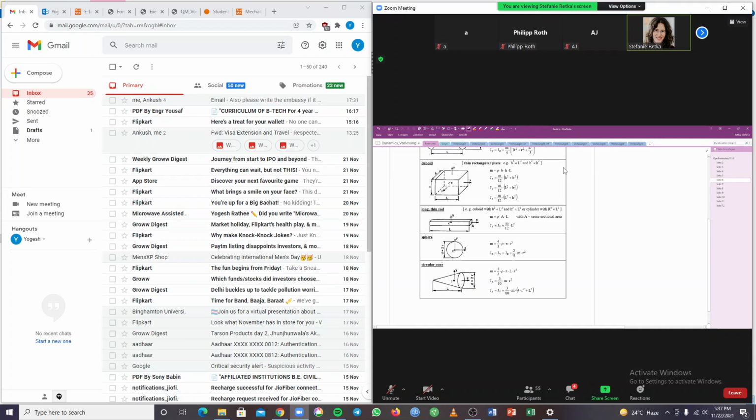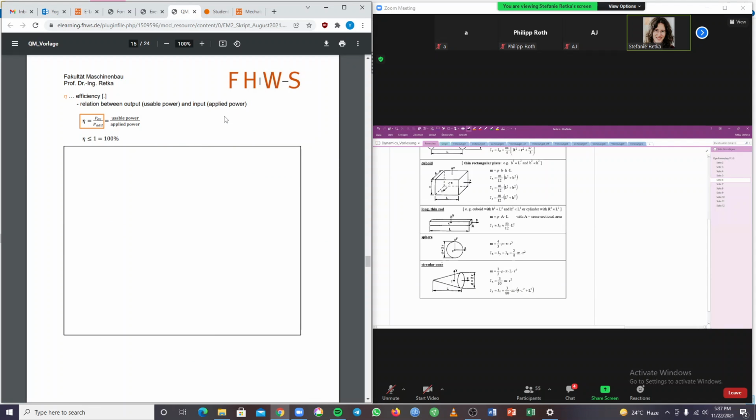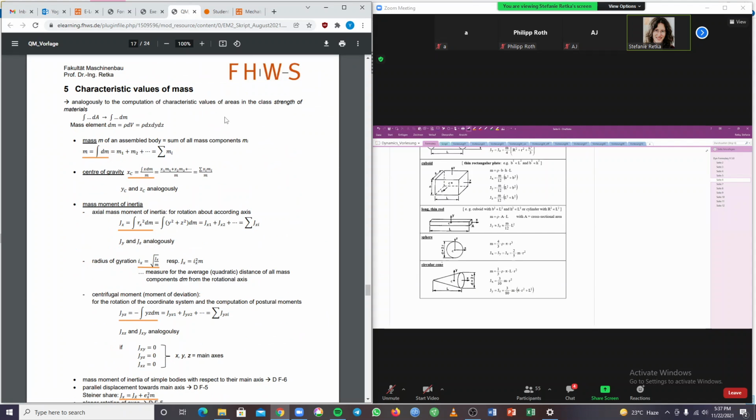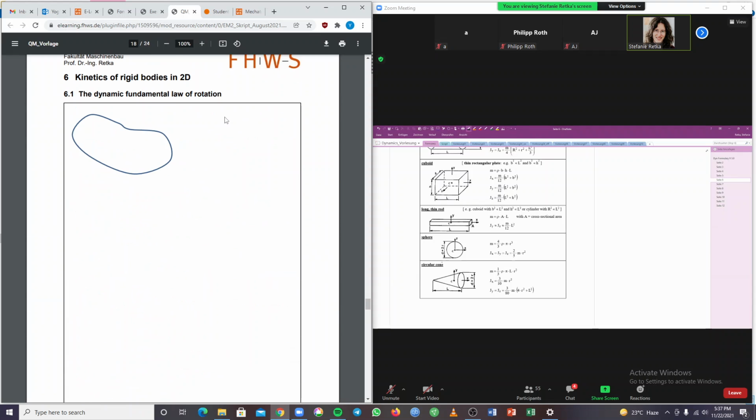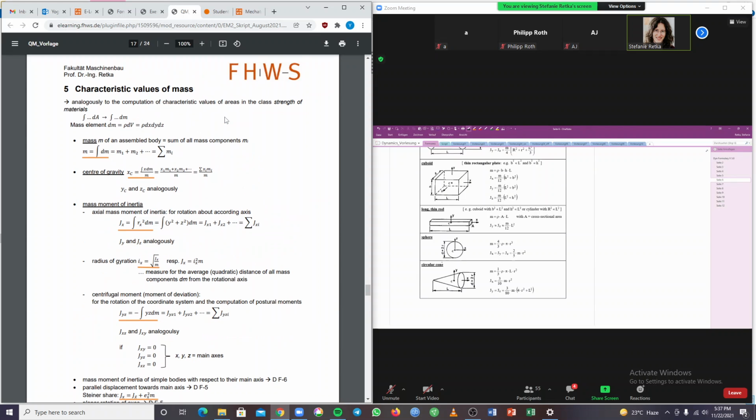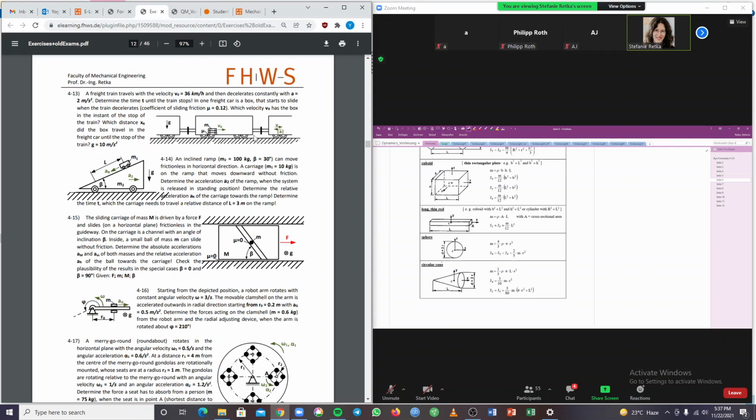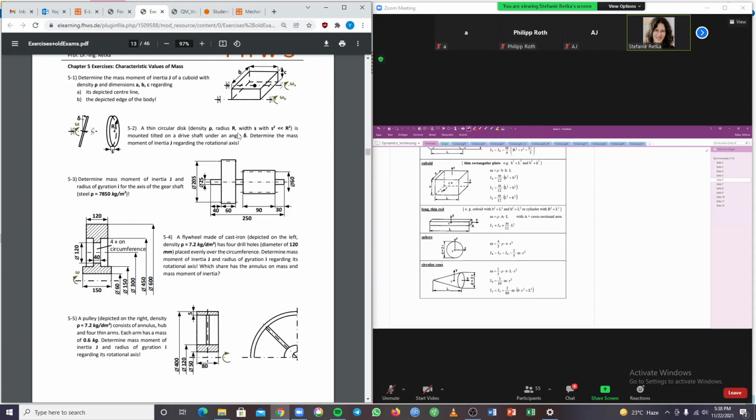We will practice defining the mass moment of inertia, because we will need it for chapter 6, when we will discuss general motions of a rigid body, so kinetics of rigid bodies. Then the mass moment of inertia is necessary to describe the motion. Of course, it's part of the inertial moment.